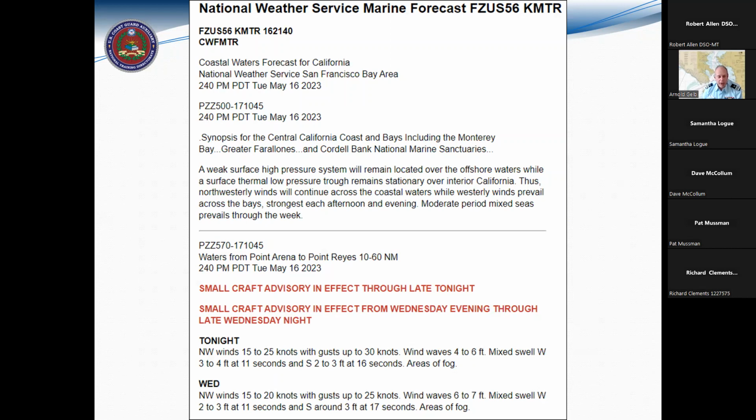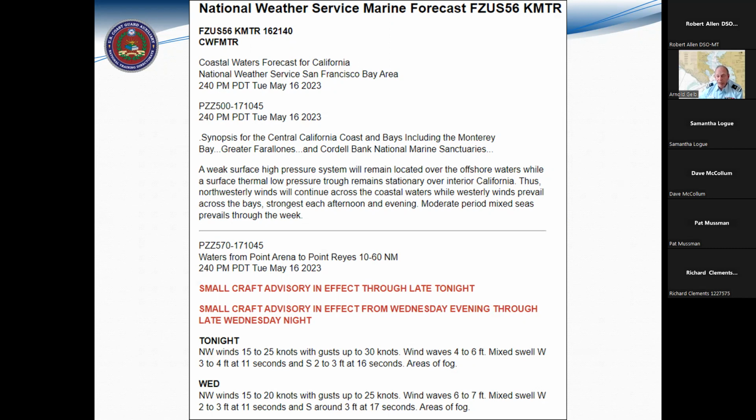And then it provides a general forecast at the bottom for tonight, tomorrow, and then for several more days on the actual website that is cut off in the screenshot, with tonight showing northwest winds of 15 to 25 knots, gusting up to 30, wind waves 4 to 6 feet, mixed swell from the west at 3 to 4 feet at a period of 11 seconds, and south at 2 to 3 feet at a period of 16 seconds, as well as areas of fog.